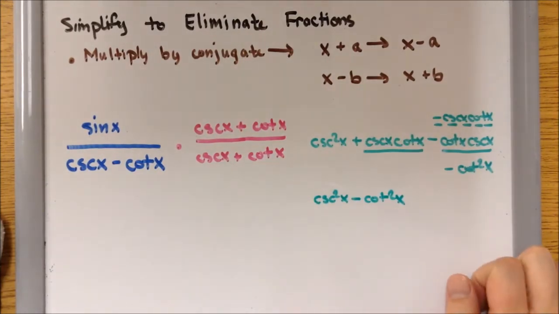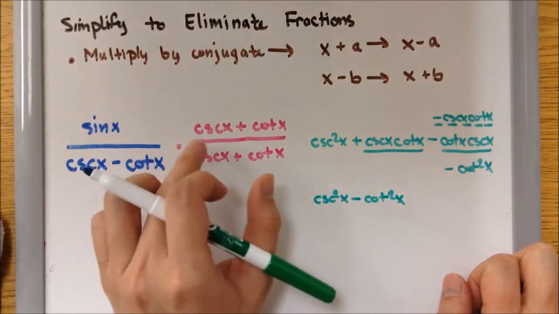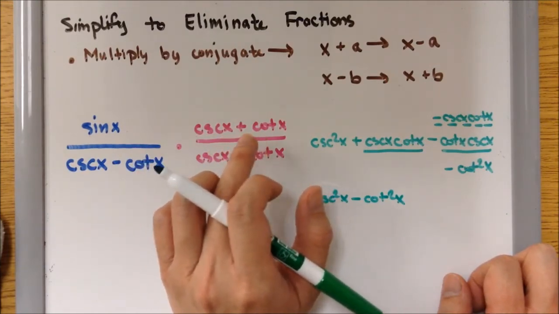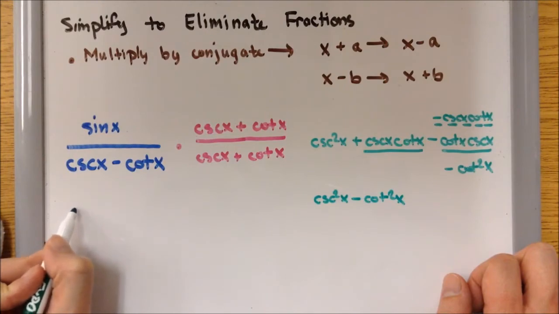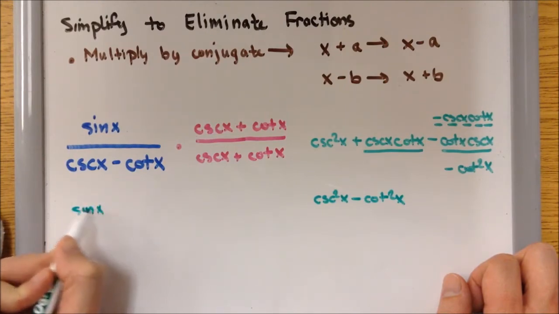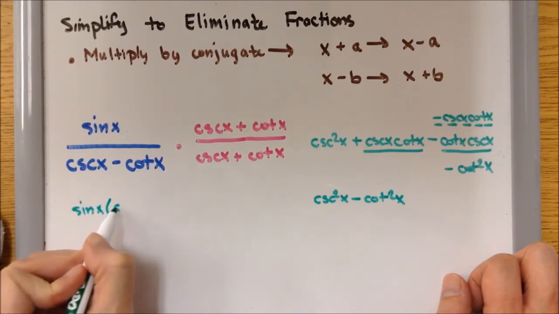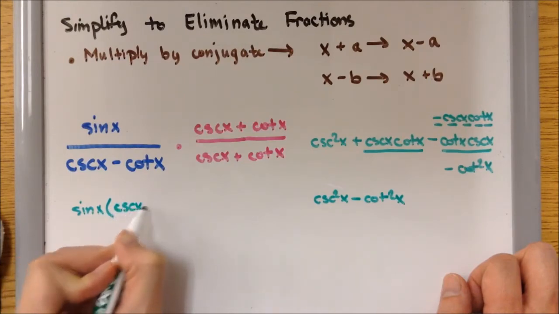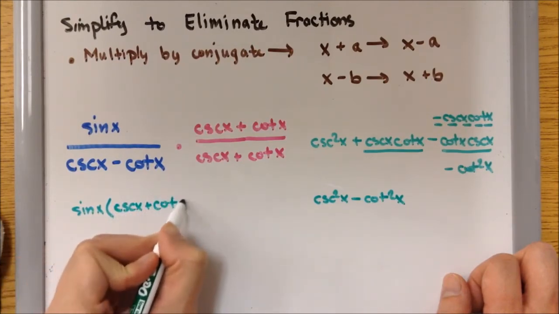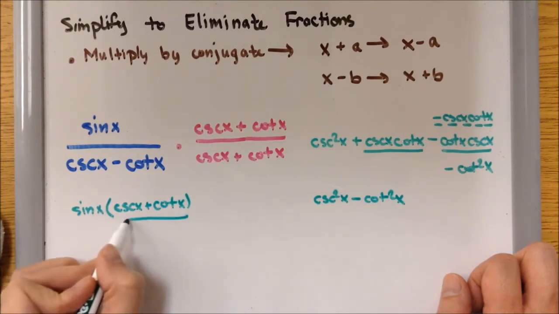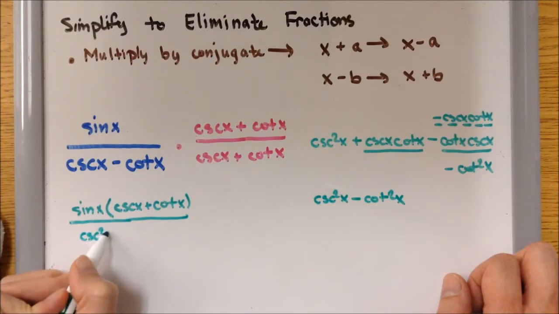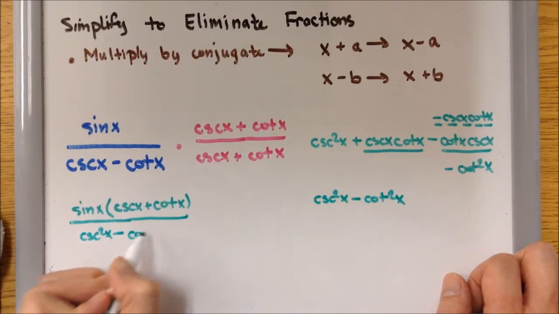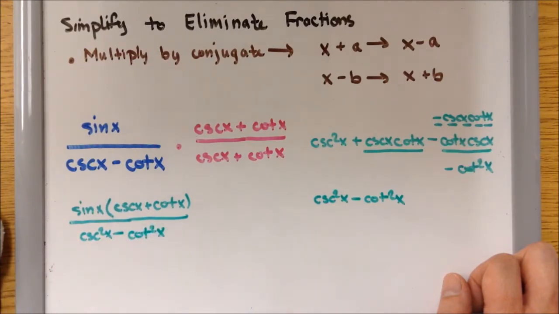On the top is going to be sine x times cosecant x plus cotangent x. I'm going to write that. I'm not going to distribute, I'm just going to keep it separate. So sine x, parentheses, cosecant x plus cotangent x, over cosecant squared x minus cotangent squared x.